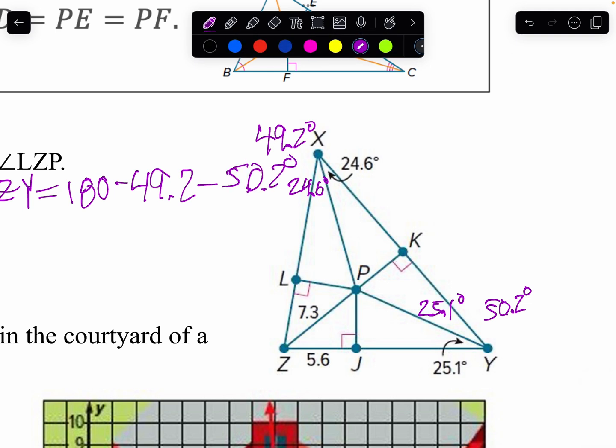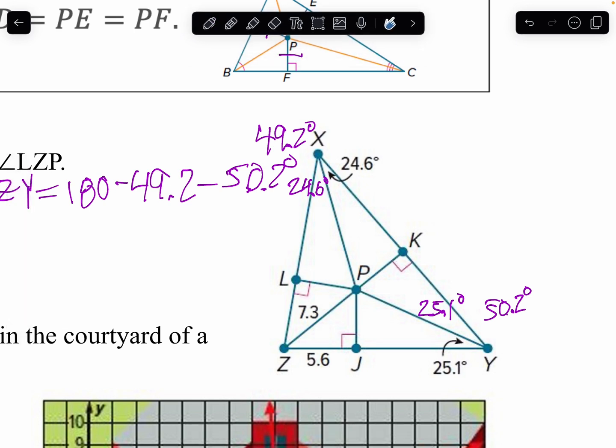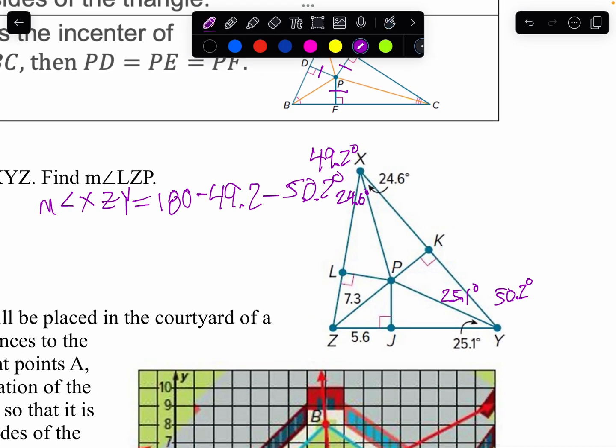Just use our calculator: 180 minus 49.2 minus 50.2, and we get angle XZY is 80.6 degrees.